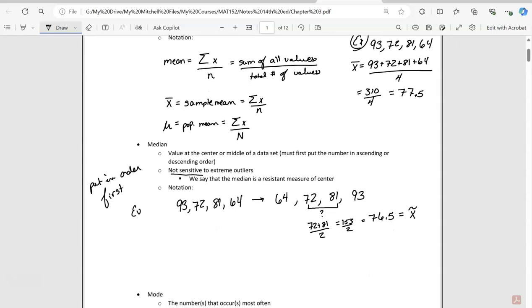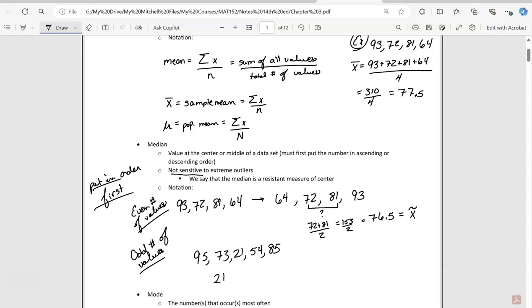So that's if we have an even number of values. What if we have an odd number of values? Let's say we've collected data like that. We have 5 values in this case. You still have to put them in order first.